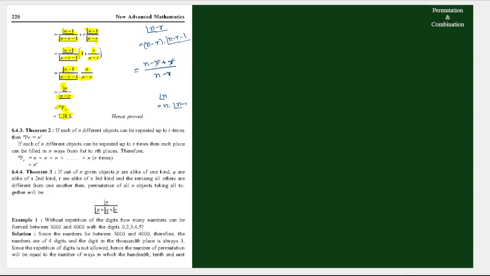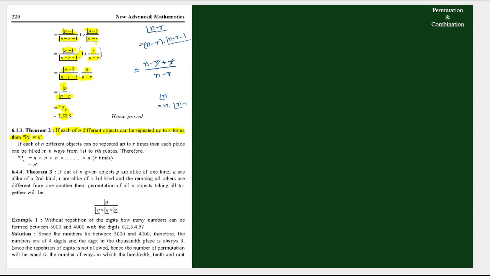What does it say? If each of n different objects can be repeated up to r times, then npr is equal to n to the power r. ये तो कुछ जाना पहचाना सा लग रहा है.